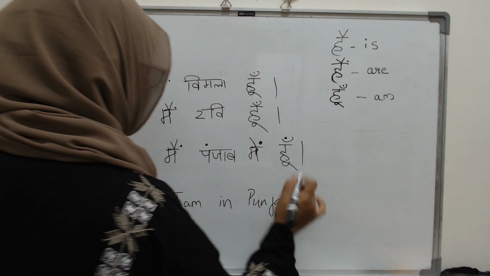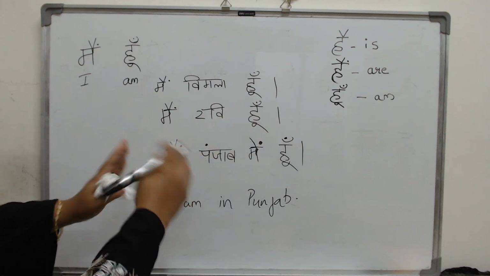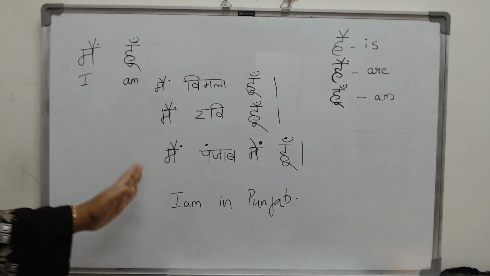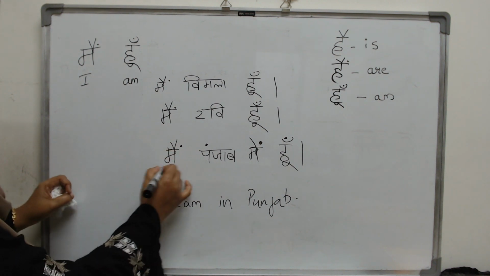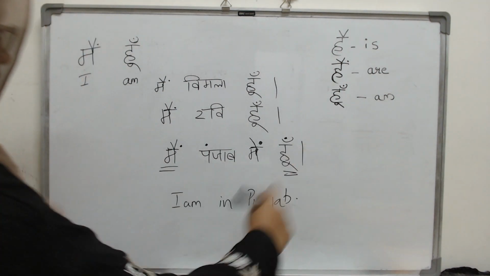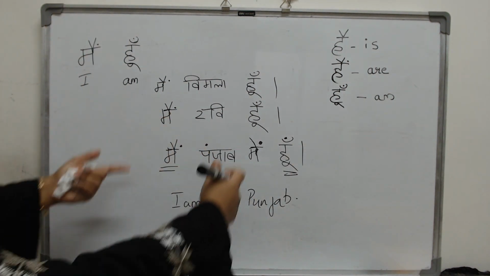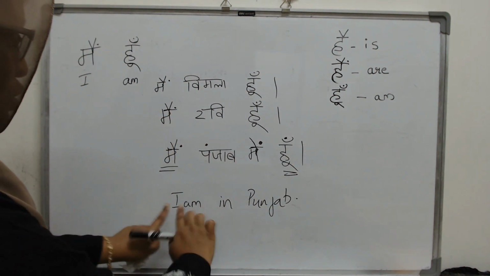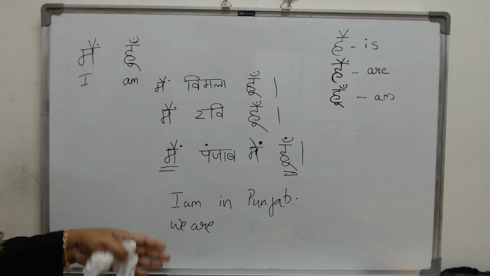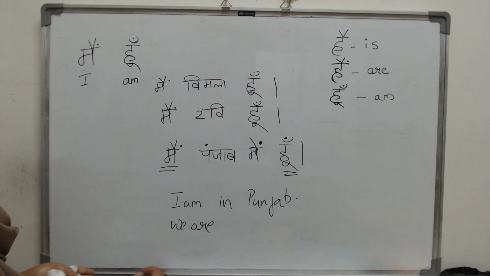So you see how the construction of the sentence differs from English to Hindi. In Hindi, whenever you write, the subject comes first and the helping verb hoon comes at last. But whenever you make a sentence in English, they come together. We write we are happy, I am happy, he is happy.